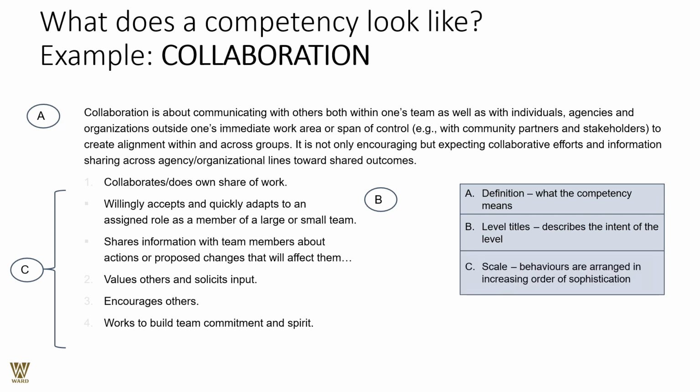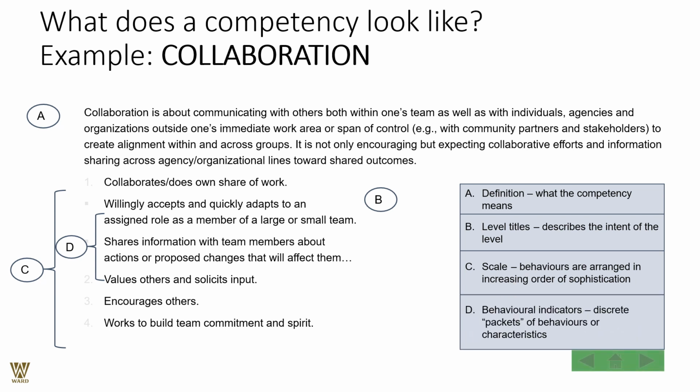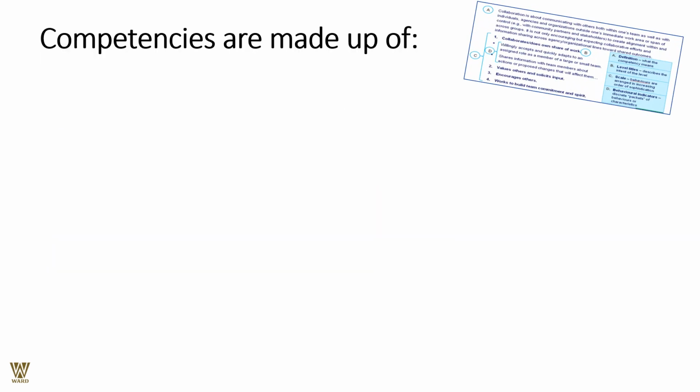This is what comes around here. Remember, collaboration is all about team building and transparency. We are talking about definition, what competency means, level titles as to what position one person is working in, skills, behaviors arranged in increasing orders of sophistication, behavioral indicators, discrete packets of behaviors and characteristics thereby.